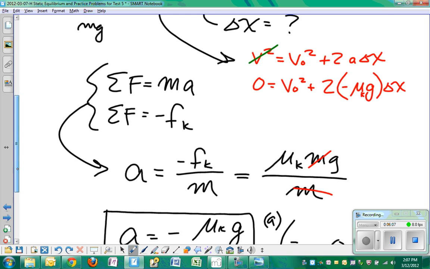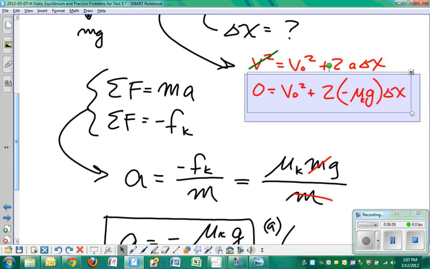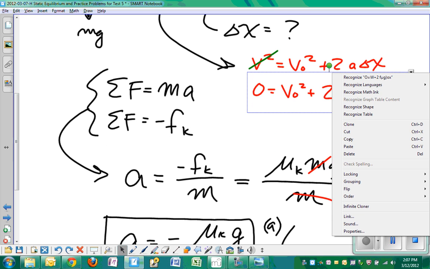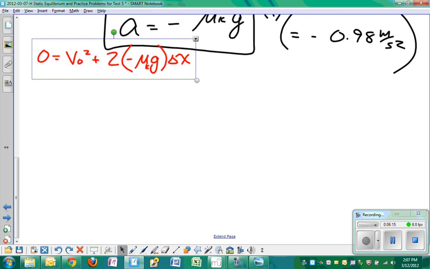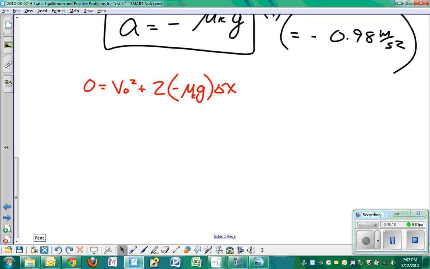All right. So I'm going to copy this expression right here and bring it down here where things aren't so sloppy. And we will be able to paste it, and we can work with a little more clarity here. All right, we are trying to solve for what? The distance, correct? All right, so delta x is going to be equal to, this is all negative right here, right? That's all negative.